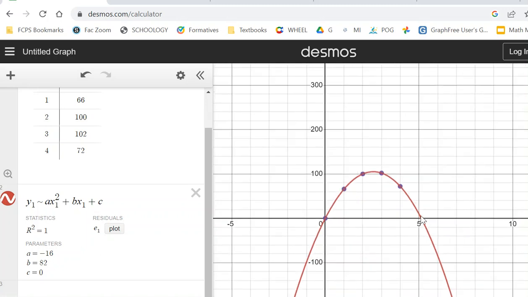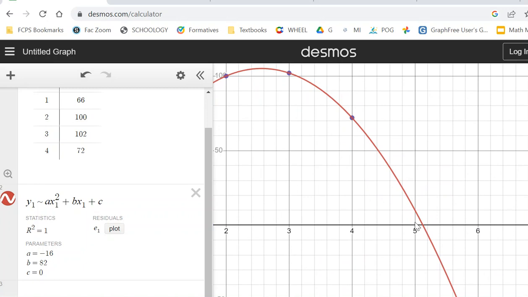Hey, look at that. Time is 5 seconds. I'm going to click. Now you can see that I'm at 5.02, 5.01, 5. Oh, that's 5. Look, if my time is 5 seconds, it looks like my y value is 10. So let's use 5, 10. Let's try that.